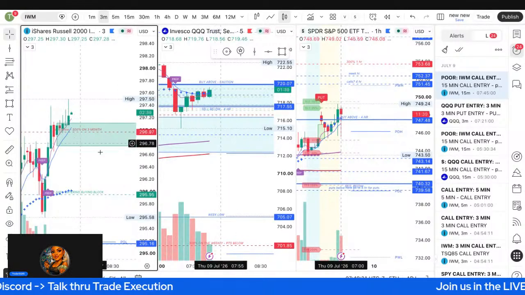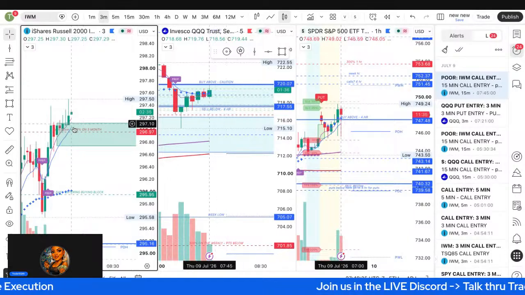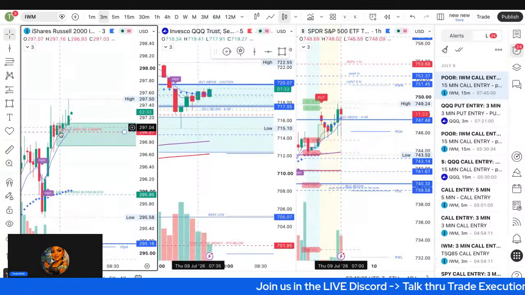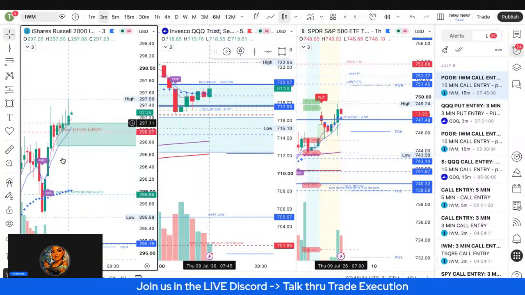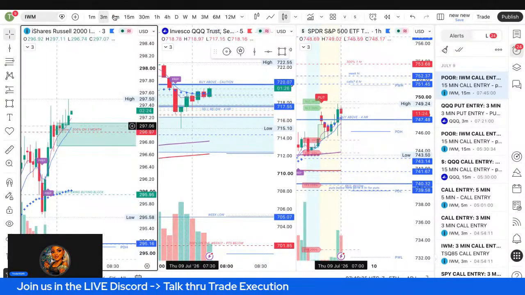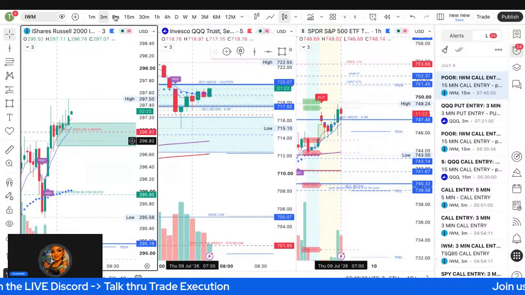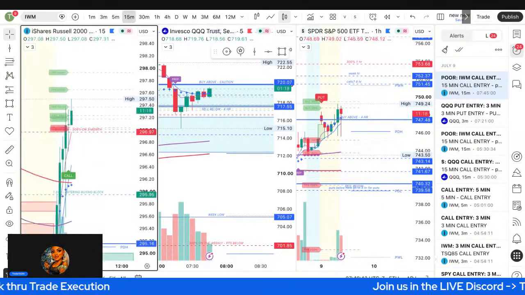You might have a little bit of a retest here into this bullish buying zone, but for sure, when you get a 3-minute confirmation to the upside for entry, that's going to be safe. As long as we have the 15-minute, the 3 minutes should be fine. 5 minutes should be fine as well too.